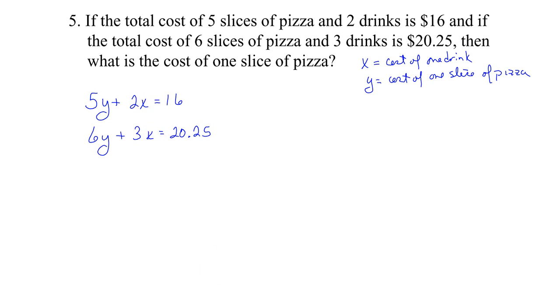So let's multiply the first equation by 3 and the second equation, we haven't done this yet, by negative 2. And that's going to give me a 6x and a negative 6x. And we will be able to eliminate the x's because we're trying to find out the price of a slice of pizza. So let's go through and do this process.